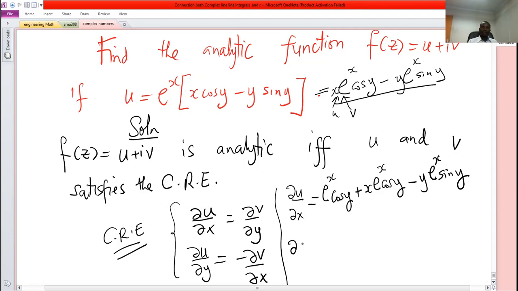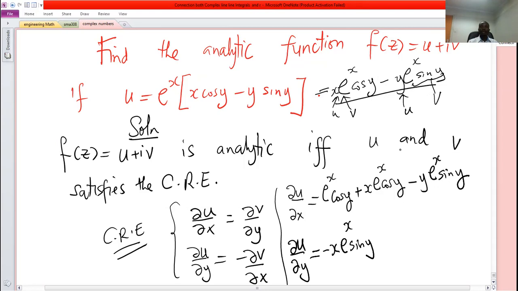And partial u partial y: here only the cosine depends on y, so the derivative of cosine is negative sine. I'll have negative x e raised to the power x sine of y. Here I use the product rule and let y be u, and the other part be v.